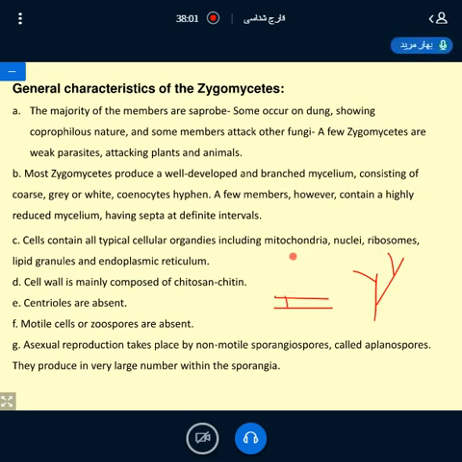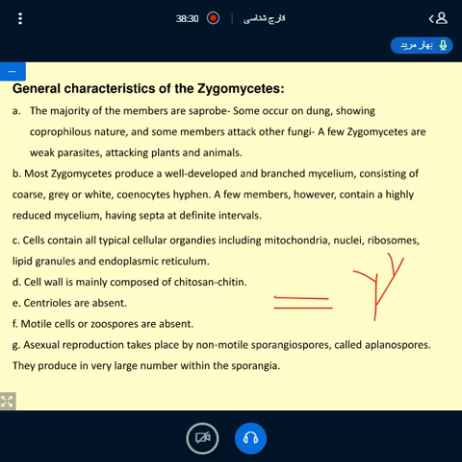In Zygomycetes, the hyphae are cenocytic without septum. A few members contain a highly reduced mycelium and septum at definite intervals.